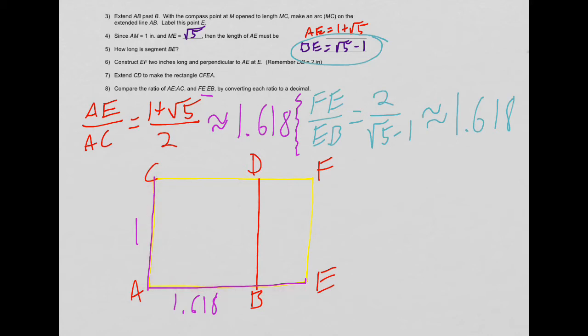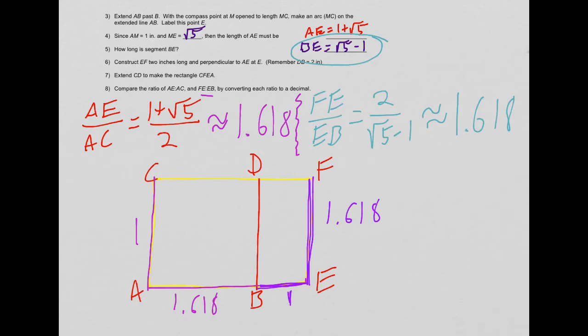And FE is 1.618 times EB. So if EB were 1, then FE would be 1.618.